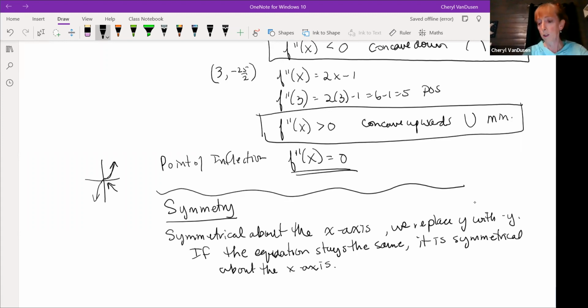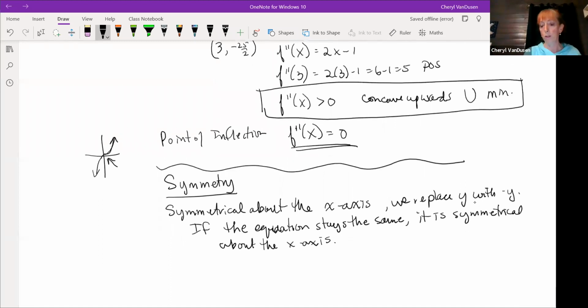So you just replace y with minus y, and then you reduce and do your math, and make sure you get the same statement or you don't.